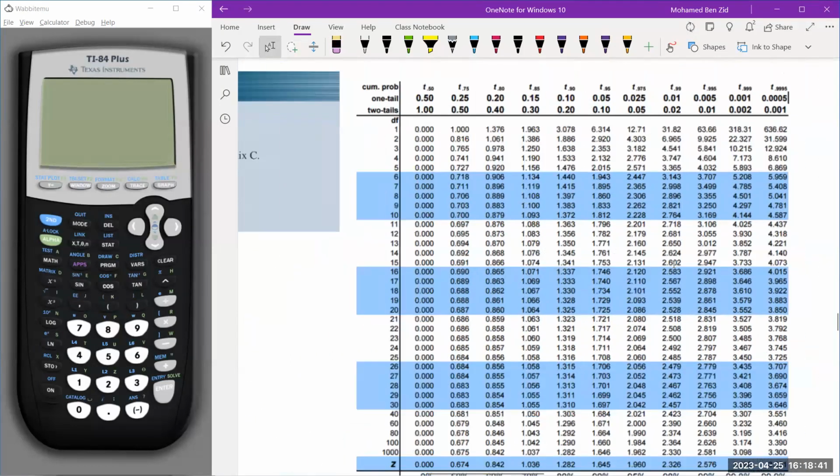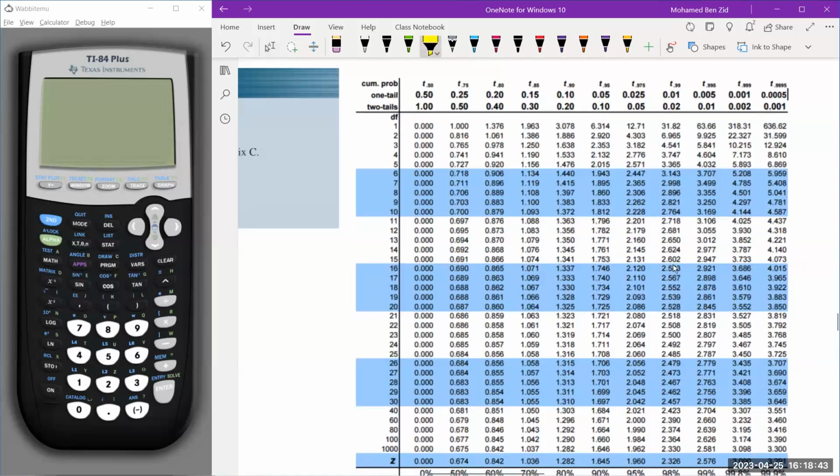I think that's enough information to go to the T table. So degrees of freedom, we say 14. That's 14 right here. And for two-tail, we are looking for 0.1, which is this value here, right? So you follow through this column, you extend this line, and that's the number you're looking for, the intersection, 1.761.